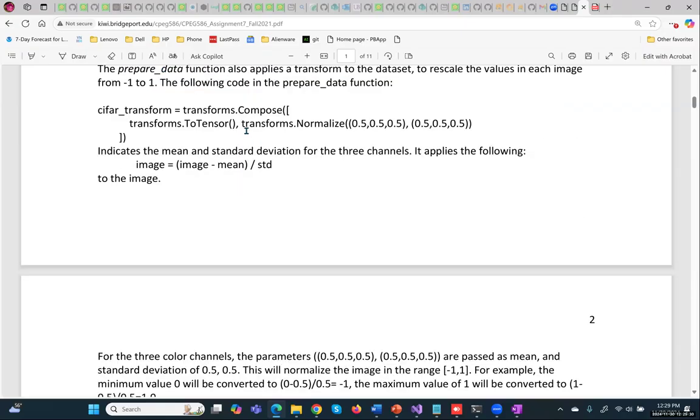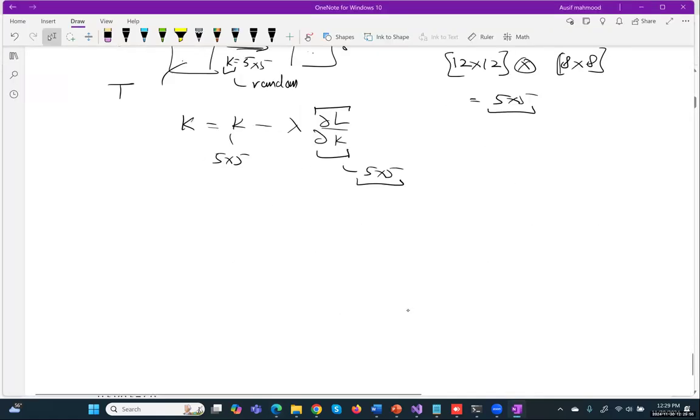When we operate on image data, we apply what are called transforms before we feed it to our network. Because in the beginning, the image data is in terms of pixels, which vary from 0 to 255. So what we typically do, especially for image data, is transform the data to either 0 to 1 or -1 to 1.